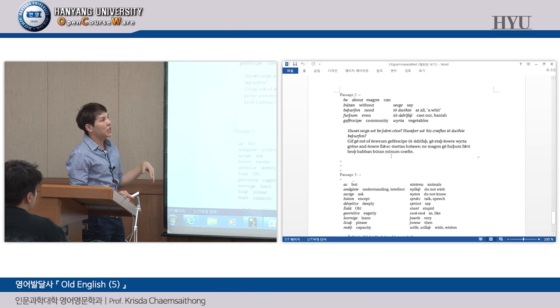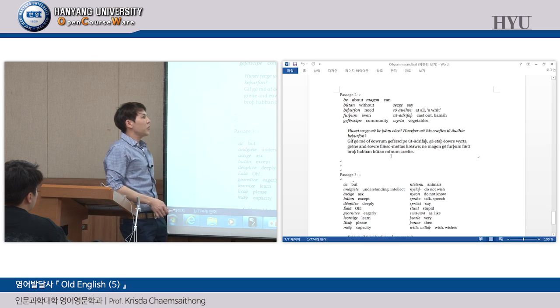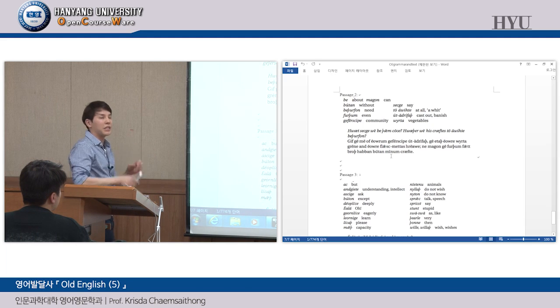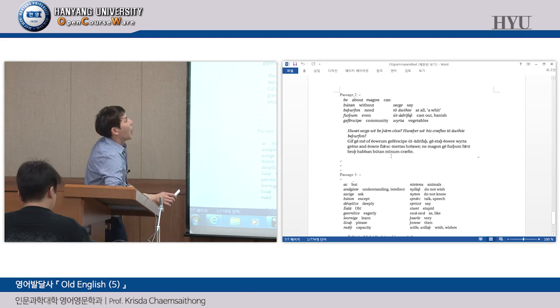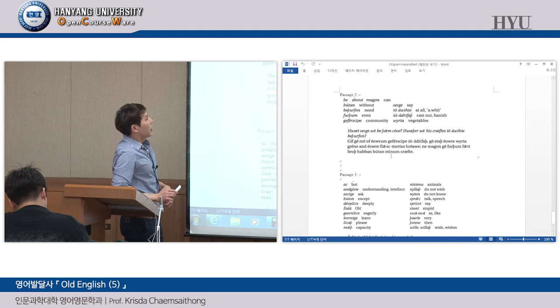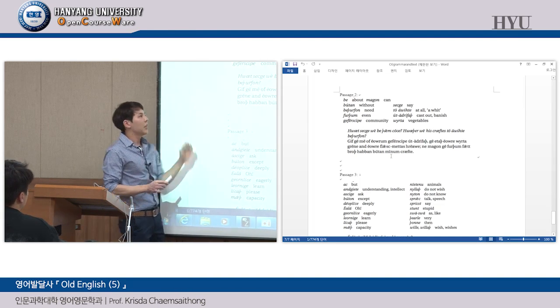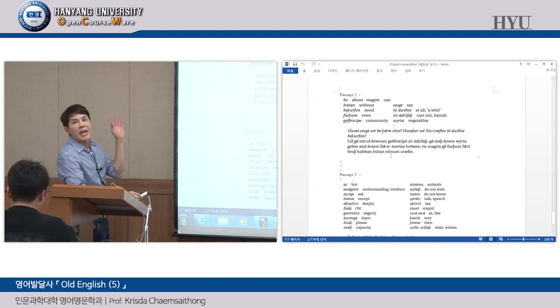So, his crafters here is the accusative case, right? But "his" is genitive case. If, this is "if," right? This is the answer of the cook.